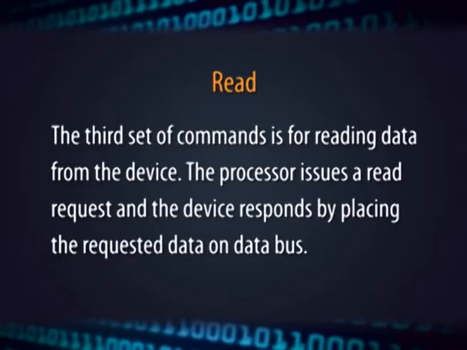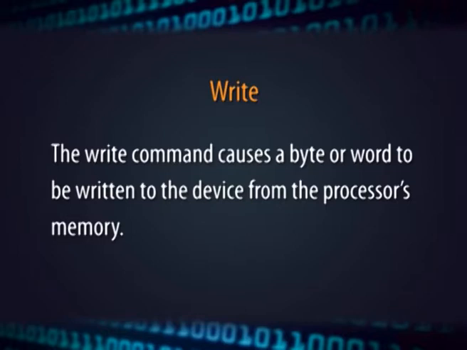The third set of commands is for reading data from the device. The processor issues a read request and the device responds by placing the requested data on the data bus. The write command causes a byte or word to be transferred to the device from the processor memory. Both the read or write operation from the CPU to I/O module or I/O module to CPU is either 8 bits, 16 bits or 32 bits.